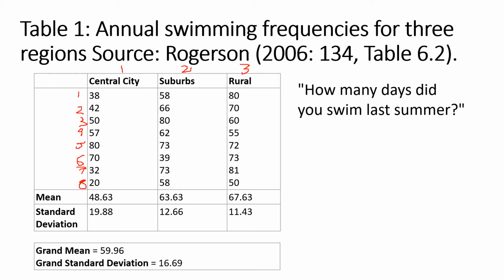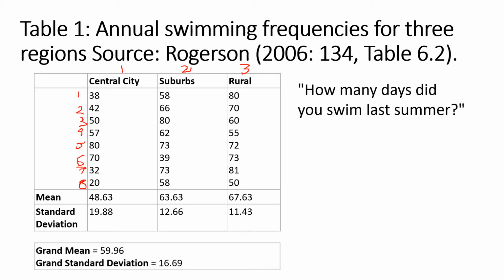So here we have calculated, and Rogerson does this for us in chapter 6, the first sample mean. So the sample mean for the central city is 48.63 days. For the suburbs, it's 63.63 days. And for rural areas, it's 67.63 days.